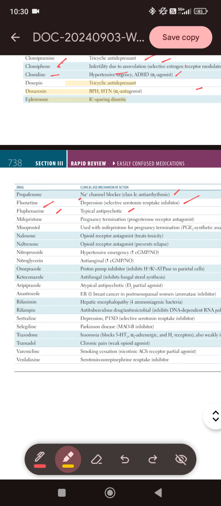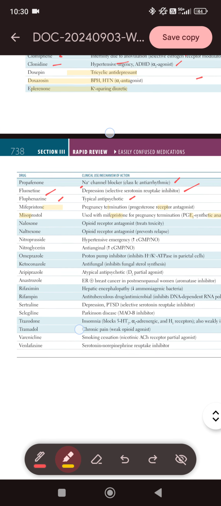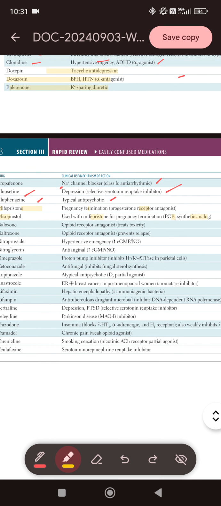Next we have misoprostol. Misoprostol is used with mifepristone for pregnancy termination, and it is a PGE1 synthetic analog.